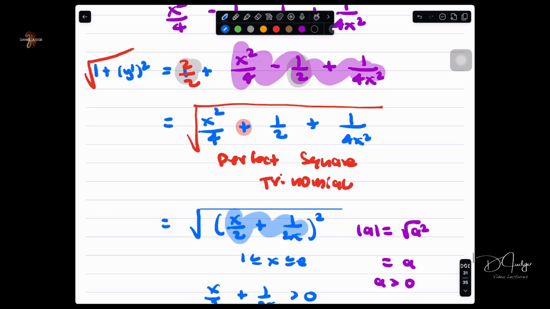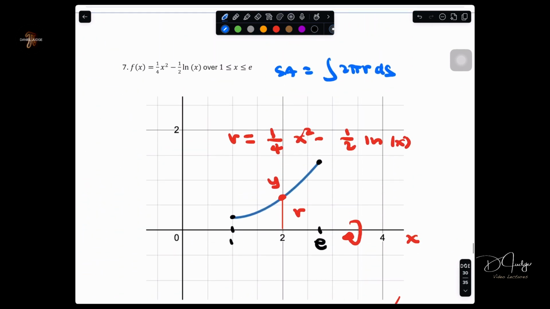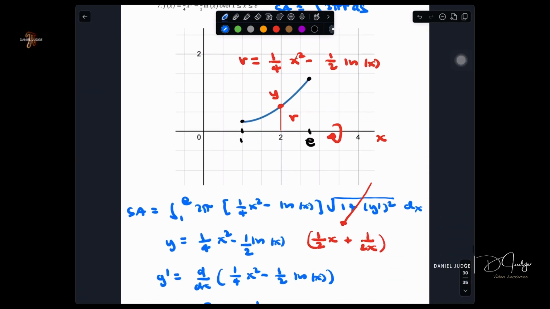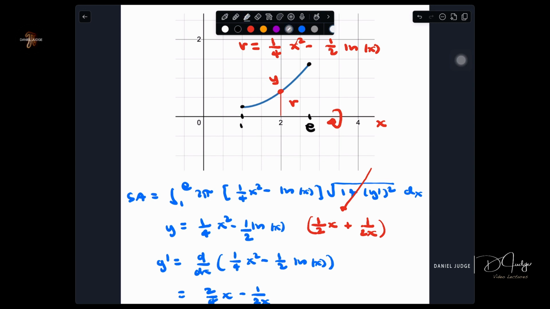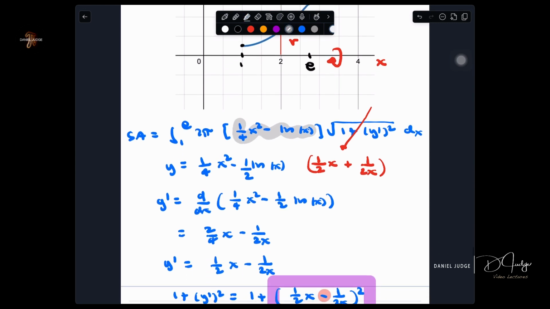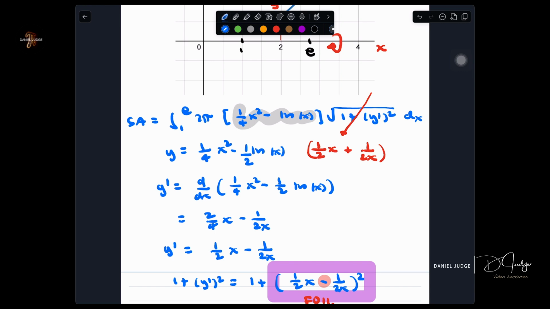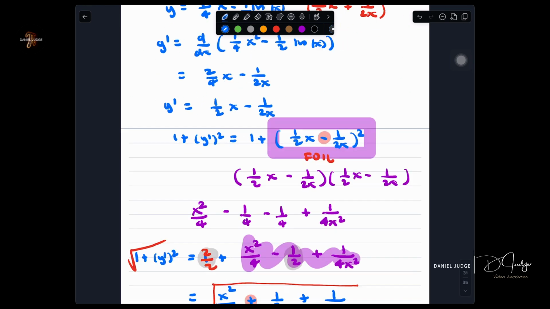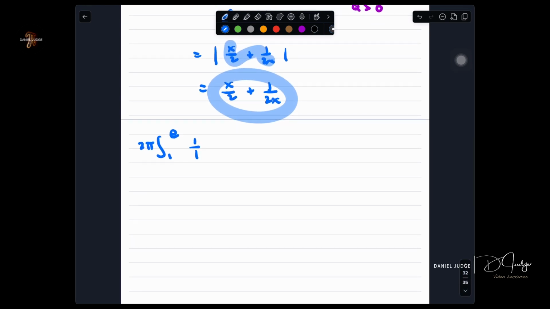Remember that function to begin with was 1/4 x squared minus 1/2 natural log x. That factor is right here, and we pulled out the constant. 1/4 x squared minus 1/2 natural log x times x over 2 plus 1 over 2x dx.